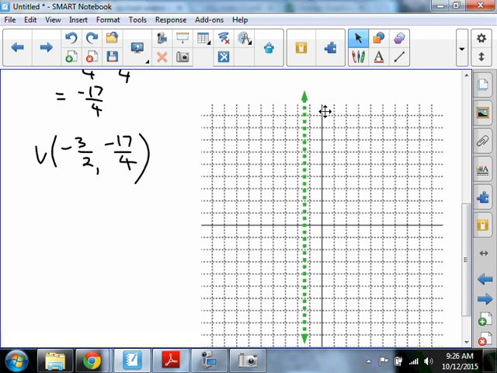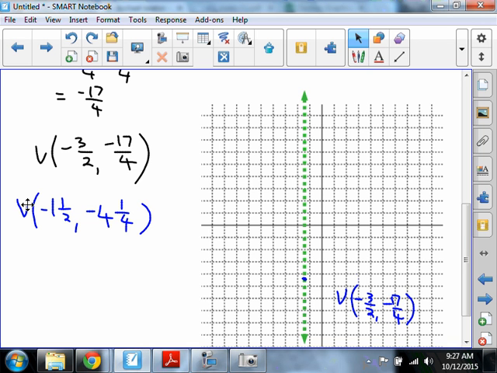Here's where it's nice to be able to convert an improper fraction to a mixed number. So my vertex, I can really think of as being at negative 1.5, negative 4 and 1/4. So 1, 2, 3, 4, and 1/4. So there's my vertex at negative 3 halves, negative 17/4.